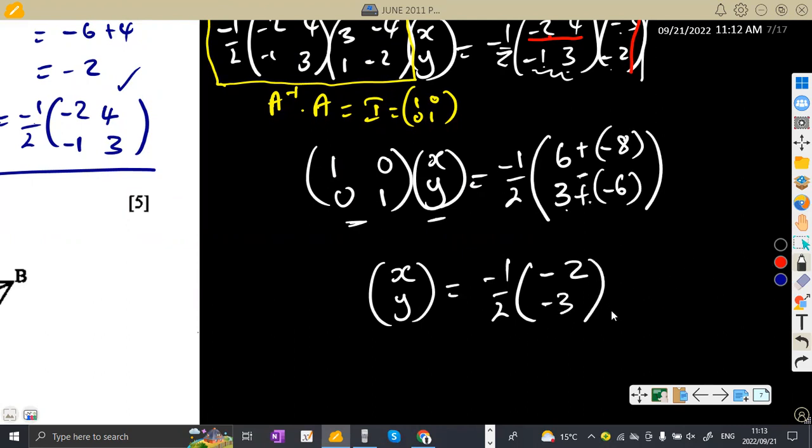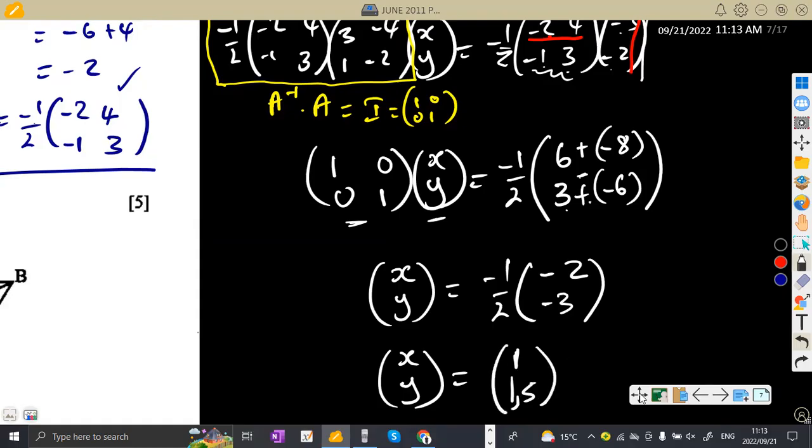So what are you going to do from this stage? We have to multiply by the scalar now, which is negative half. So negative half times minus 2 is going to give us 1. Negative half times minus 3 is going to give us 3 over 2, or 1.5, whatever you're going to have from this part.